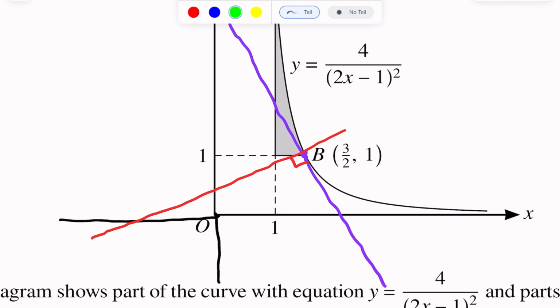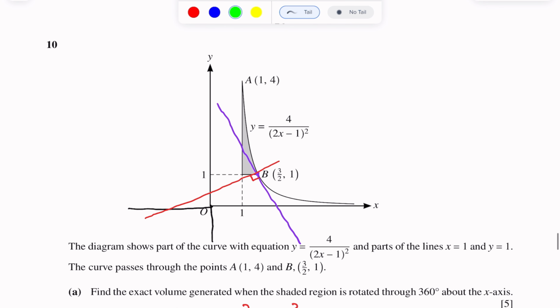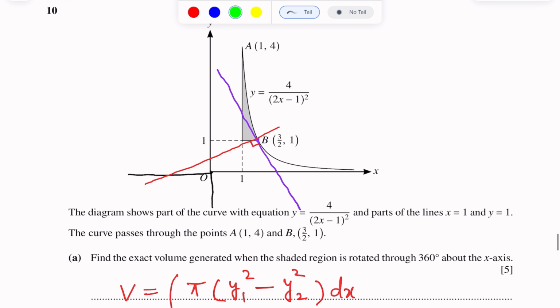First we will find the coordinates of these points. Coordinates of B are already given. We have to find the coordinates of these points, which are the points of intersection with the x-axis. These points lie on the x-axis. So first we will find the coordinates of these 2 points.